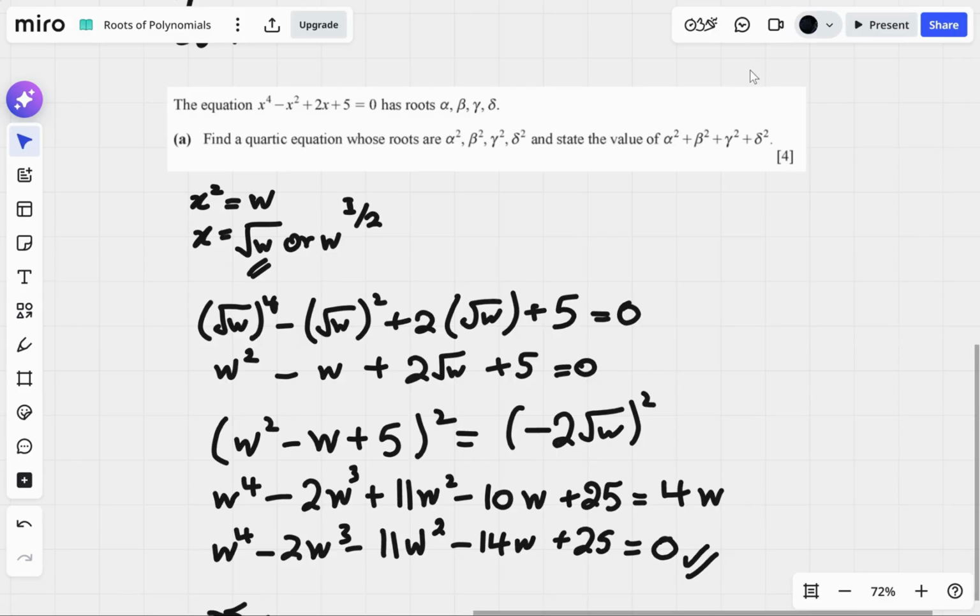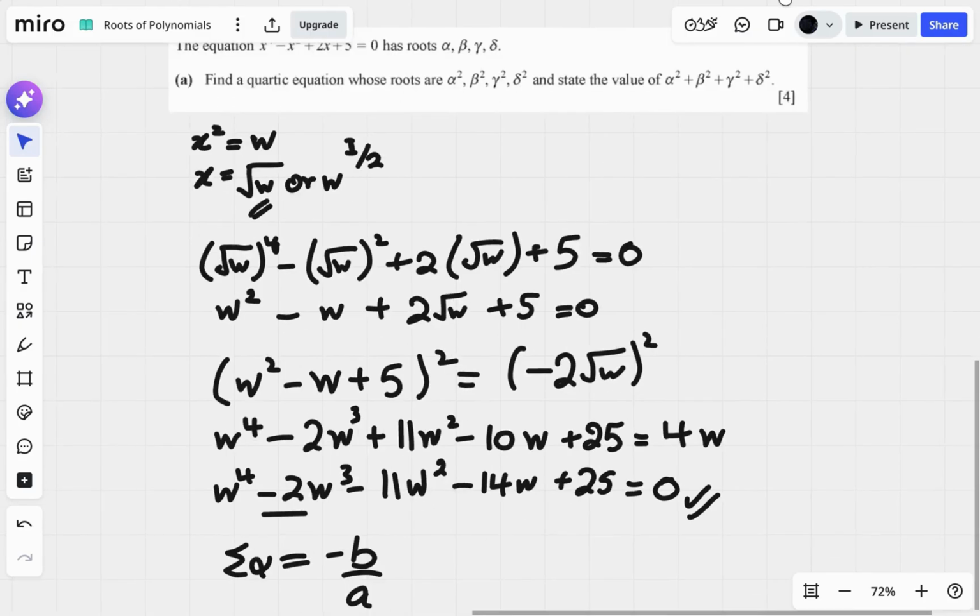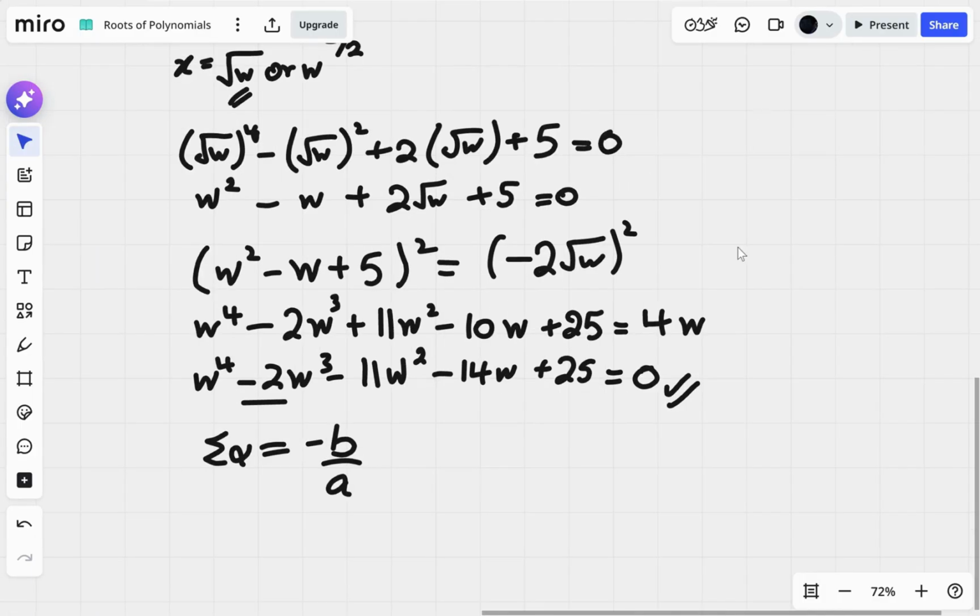That is going to be minus b over a. So b is minus 2. Let me just scroll down a bit, my bad. Okay, minus 2 is going to be the b value, and there is no a value, that is just 1.